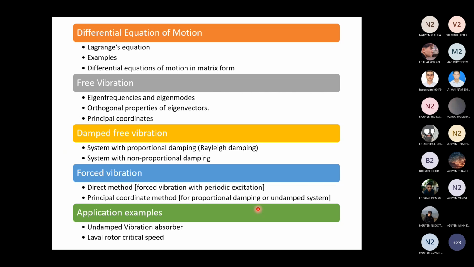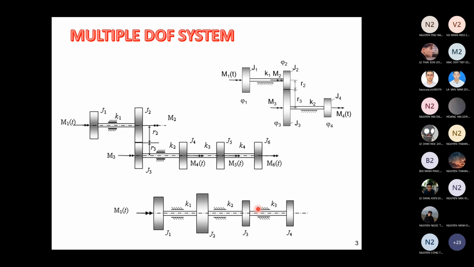Okay, so first of all, you need to take some examples like this. This is torsional vibration. So you can see that here are some gears. Yes, and these gears have some torsional moment applied and also some damping moment applied to the gears on the axis like this.